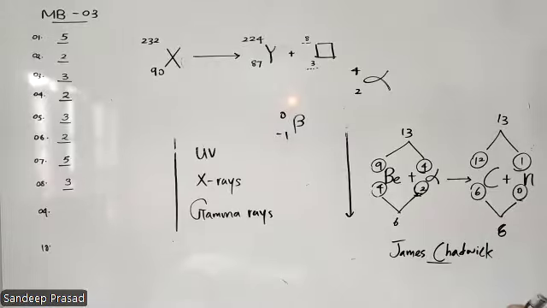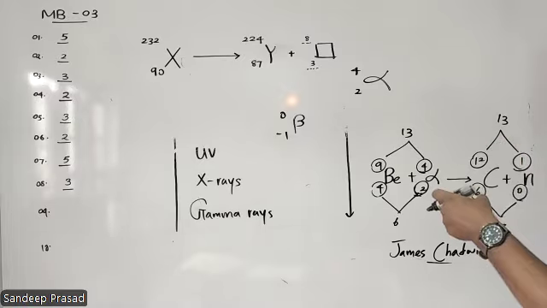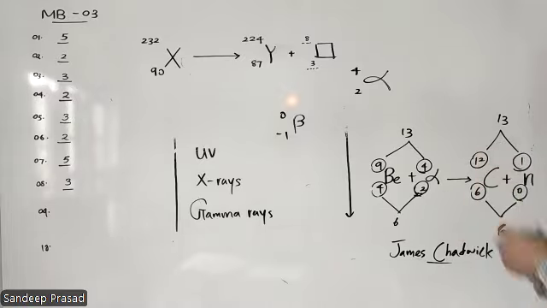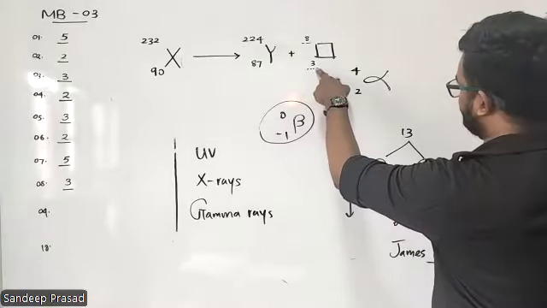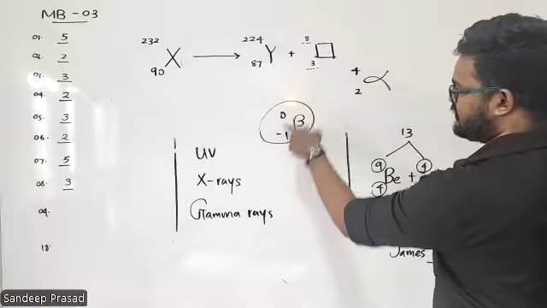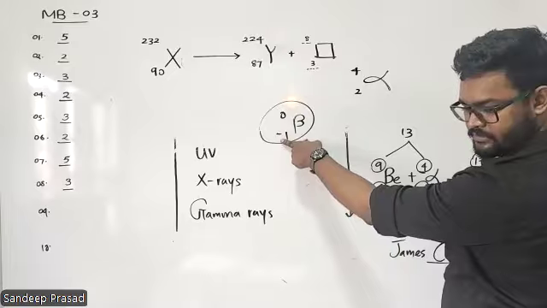What is the combination? Is it only alpha particles, or only beta particles, or alpha and beta particles together? What is the conclusion, students? Just think. What is your idea? If I take beta particles alone, you will never make +3 here, because this is -1.